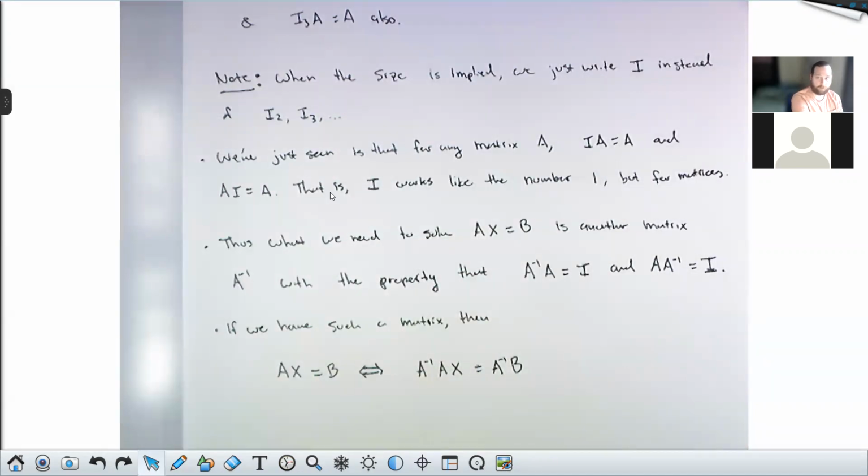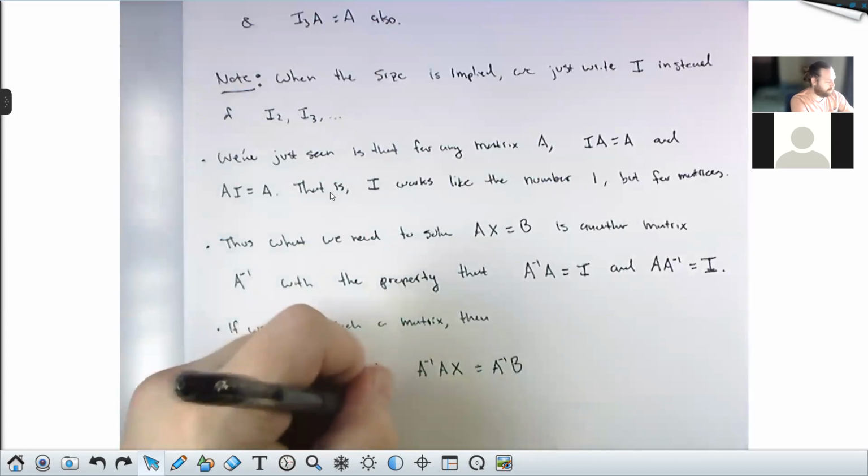This is like dividing both sides by the matrix A. This is the closest thing we have to dividing by a matrix.